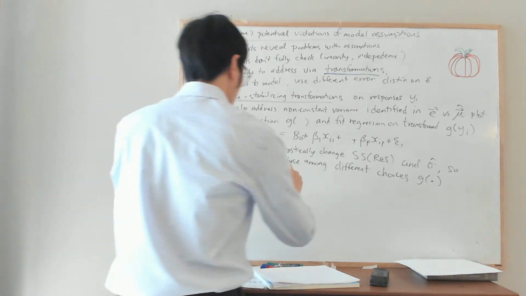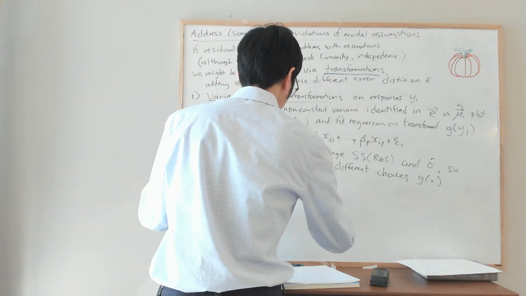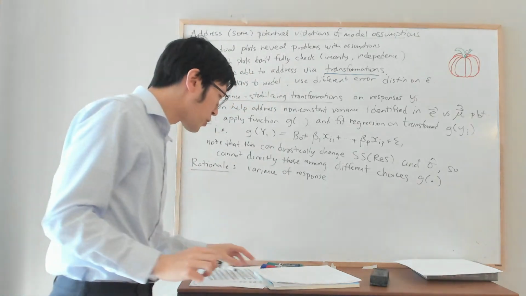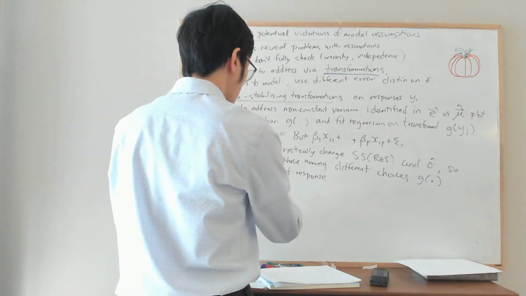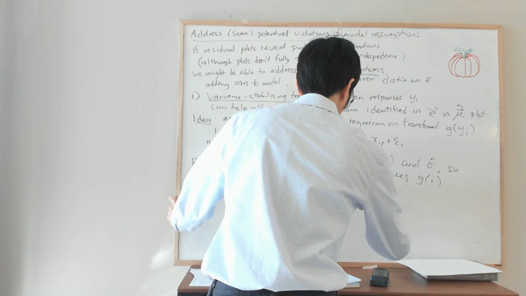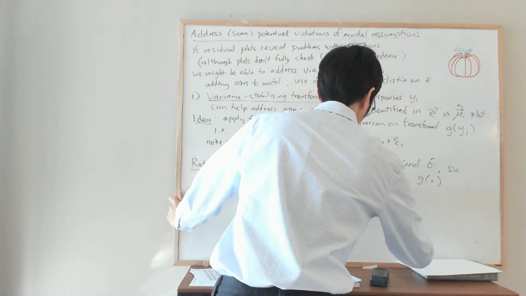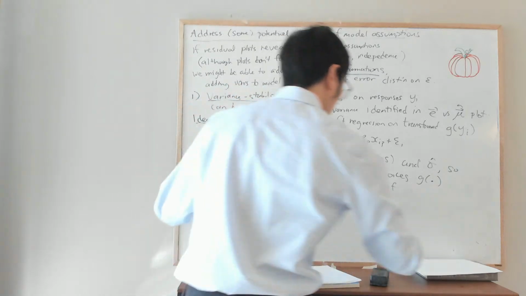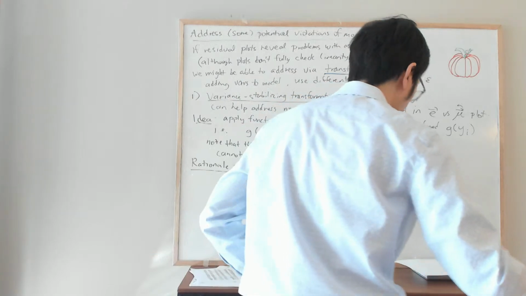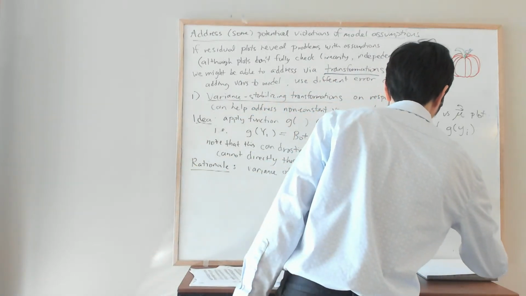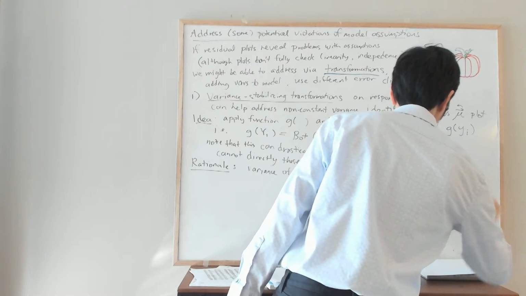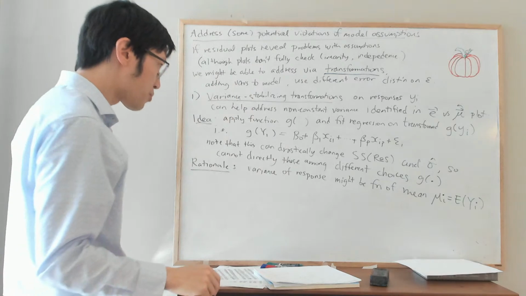So the variance of the response could be a function of the expected value of the response, the mean, which we've called mu i.